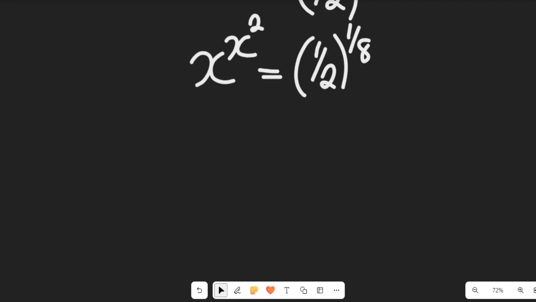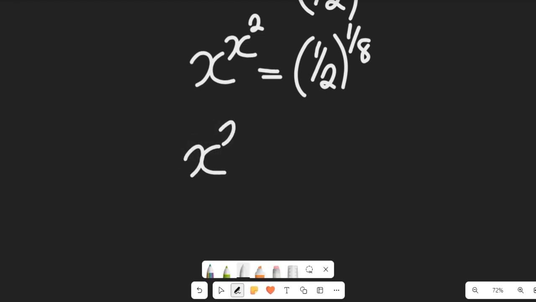Simple. I'm going to include an expression such that once I include it, it will make this very easy for me to simplify. So I'm going to have x to the power of x squared equal to 1/2.